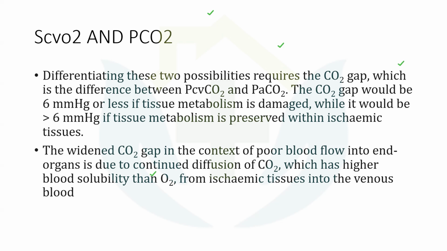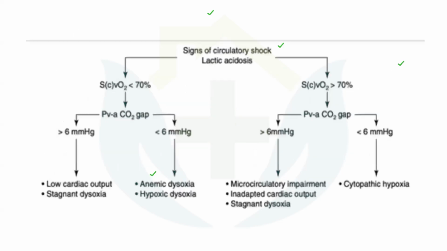So how does this practically apply? So, signs of circulatory shock, lactic acidosis, ScvO2 is less than 70%. If it is more than 70%, we have to check again the PCO2 gap. If it is more than 6, that is a low cardiac output state, or less than 6, then maybe anemic dysoxia.